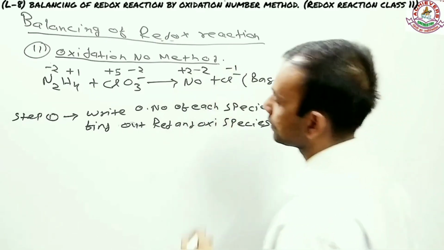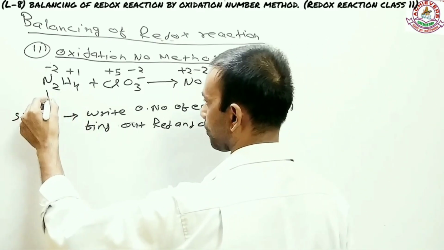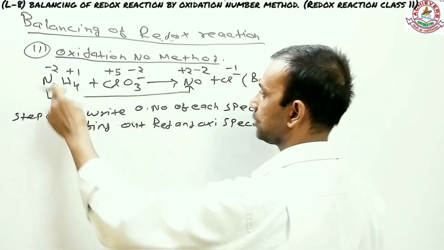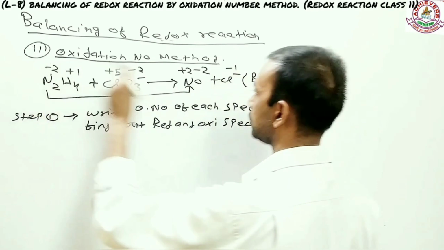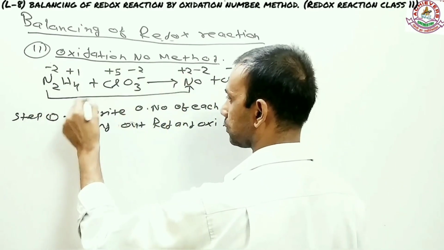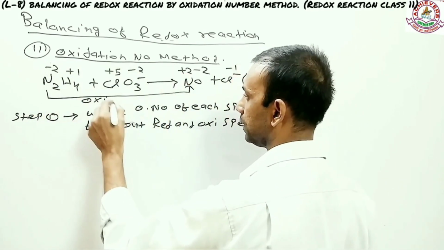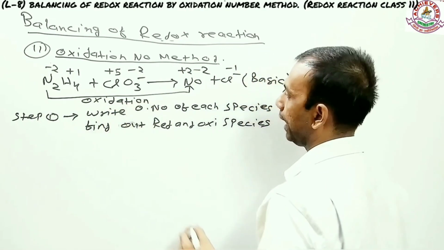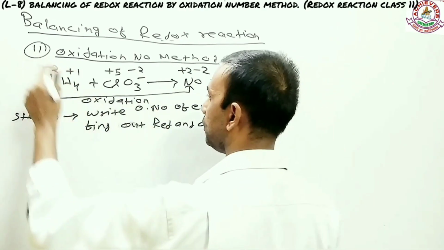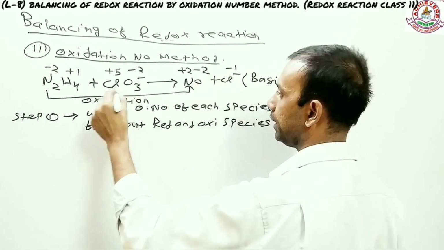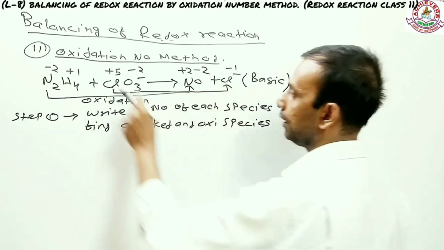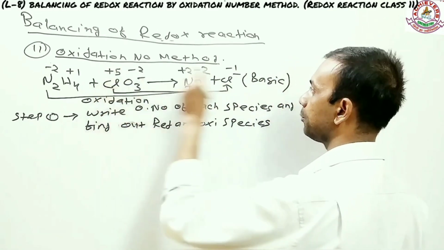So we can easily understand that nitrogen is undergoing oxidation because the oxidation number is increasing, -2 to +2. So this is your oxidation. And if you look at the chlorine, the oxidation number is decreasing from +5 to -1.